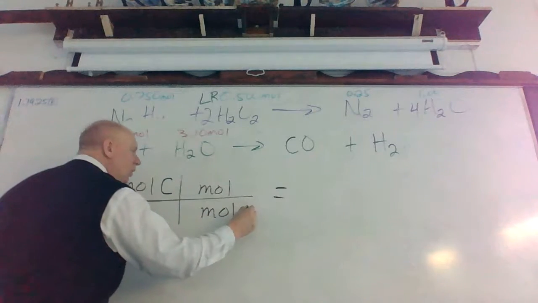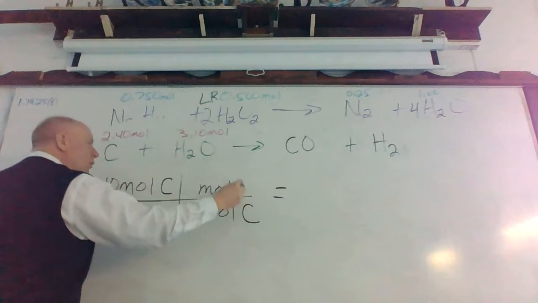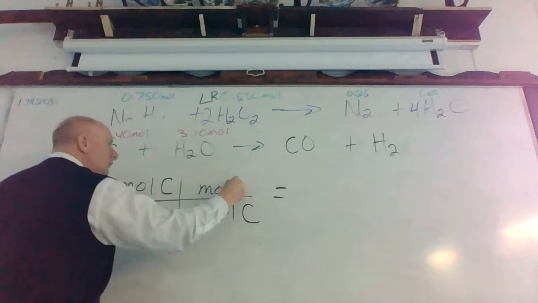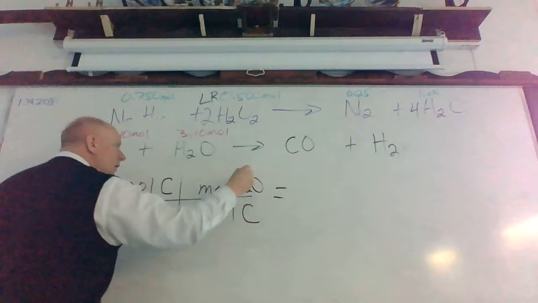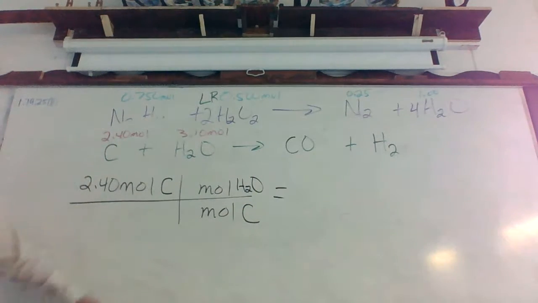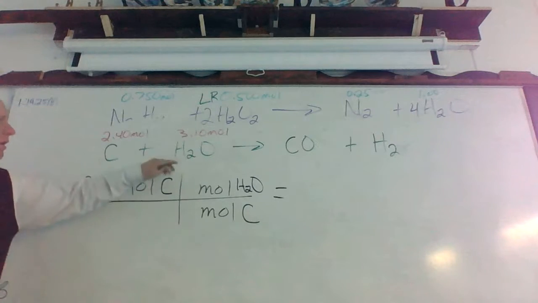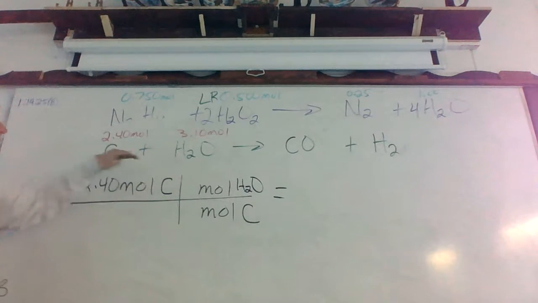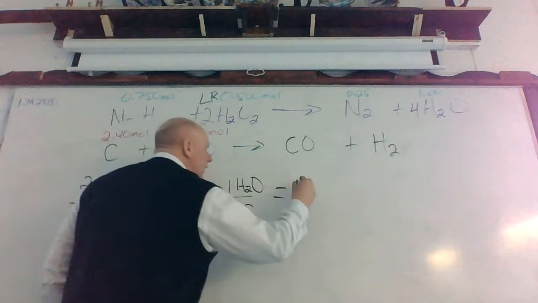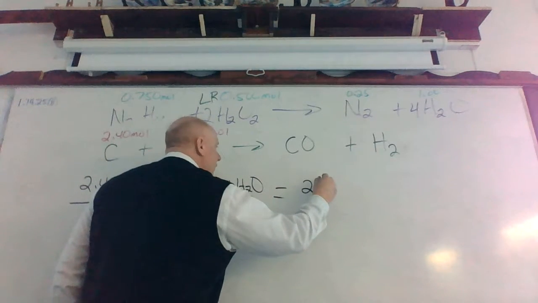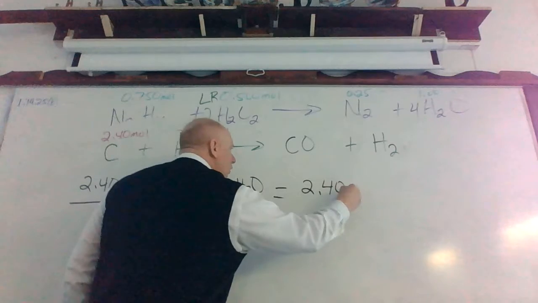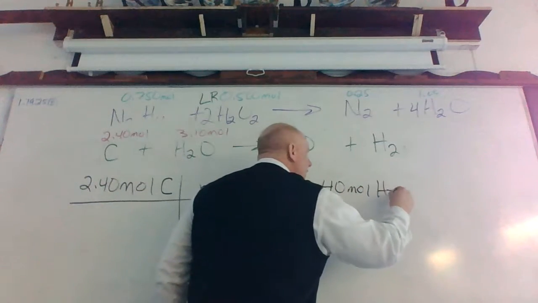So for every mole of carbon, we get 1 mole of what? Okay? So notice a mole to mole ratio, but nothing's changed. We have a 1 in front of each one of those. So we need 2.40 mole of water.